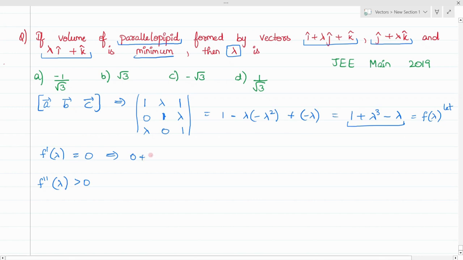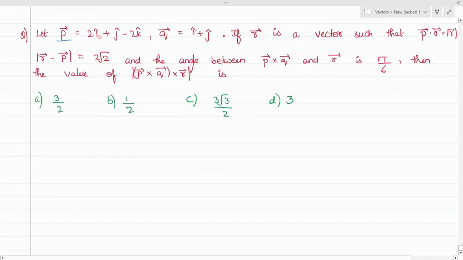You will get 0 plus 3 lambda square minus 1. That is equated with 0. You will get lambda equal to plus or minus 1 by root 3. Let's calculate f double derivative of lambda, that is 6 lambda. It is greater than 0, so the lambda value becomes plus 1 by root 3.